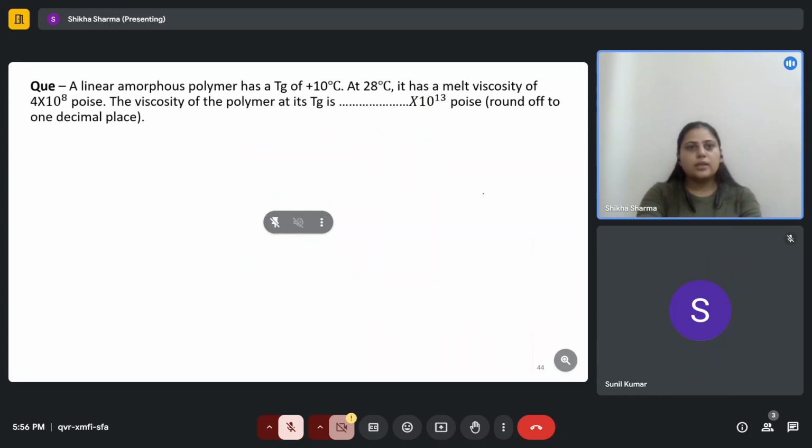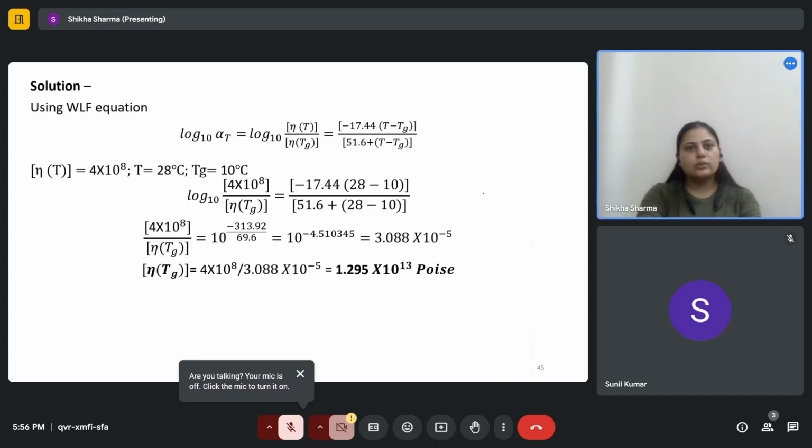Next is a linear amorphous polymer that has a Tg of 10 degrees, and at 28 degrees it has a melt viscosity of 4 into 10 to the power 8 poise, and we need to calculate the viscosity of the polymer at its Tg. It is almost the same question that we have solved.